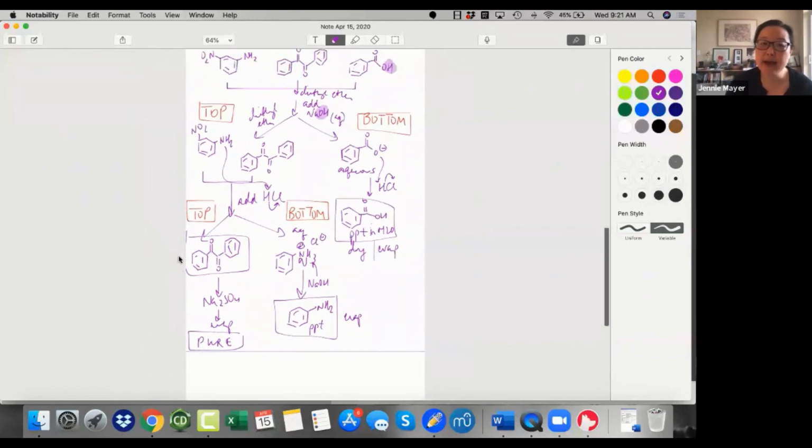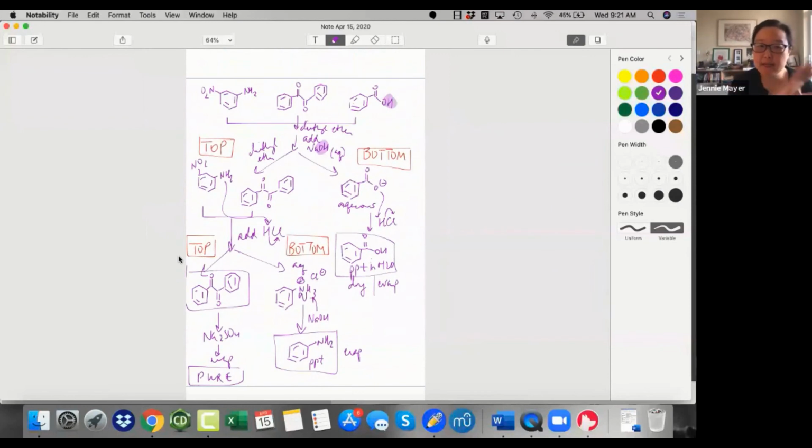This is purely done on paper. There's no lab work that you're going to be able to do. So keep in mind when you're writing this out that it's all predictive, but you do want to add as much detail as you can about what you would see and what you would do to get the separation.